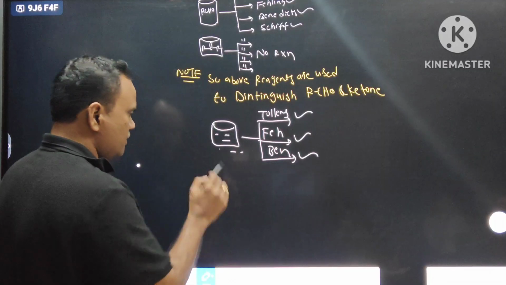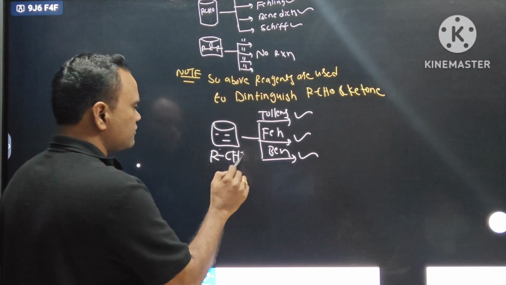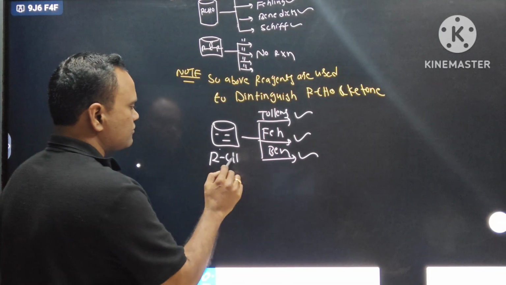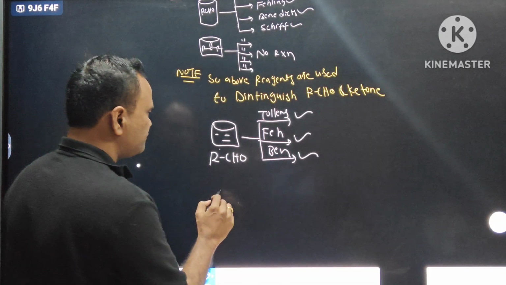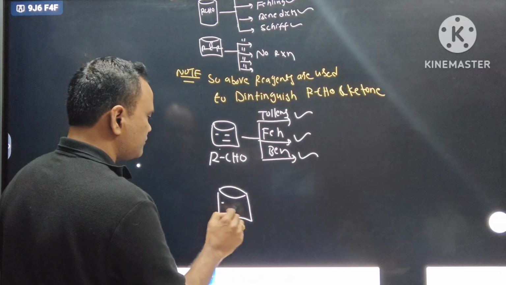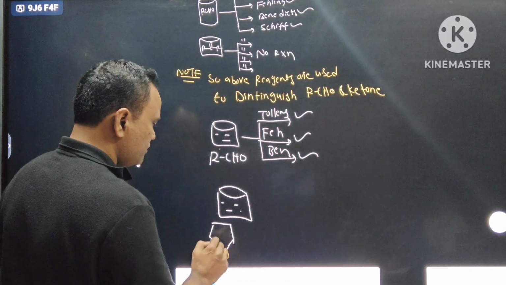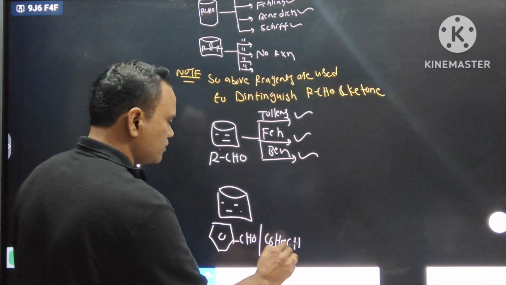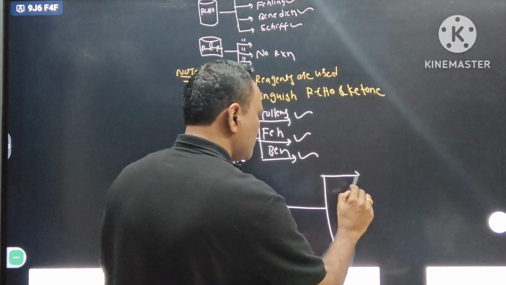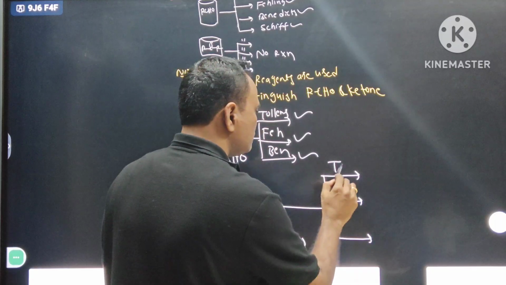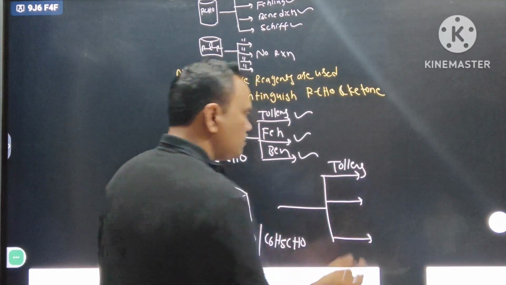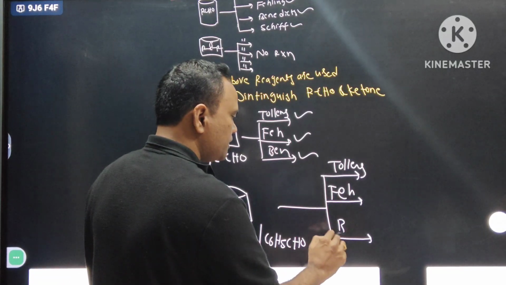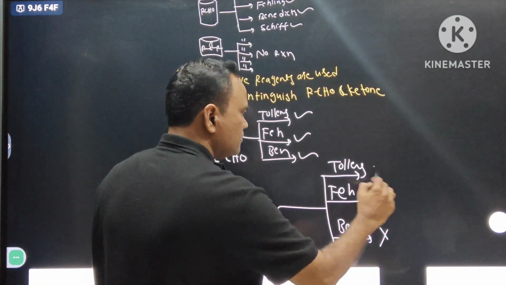Acetaldehyde, normal aldehyde. Like benzaldehyde, that symbol also, formula also C6H5CHO. Now you tell me, observe carefully. Tollens, tick or cross? Fehling's, tick or cross? Benedict's, tick or cross? Cross mark.